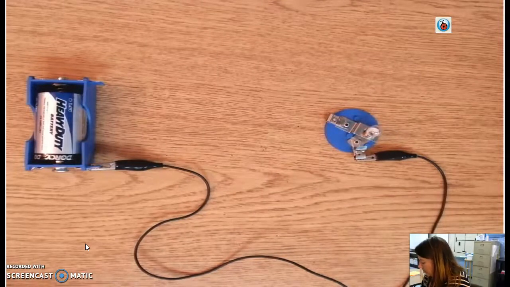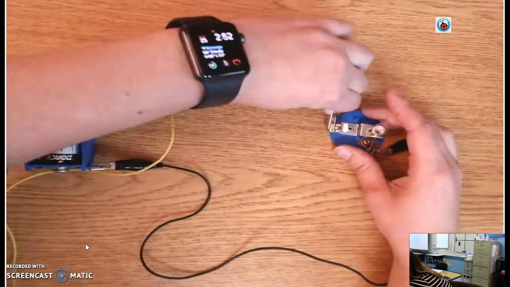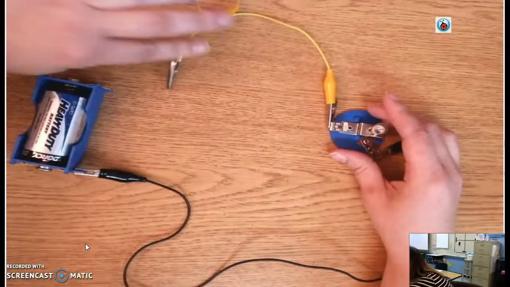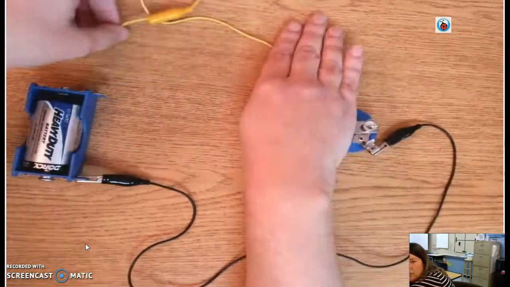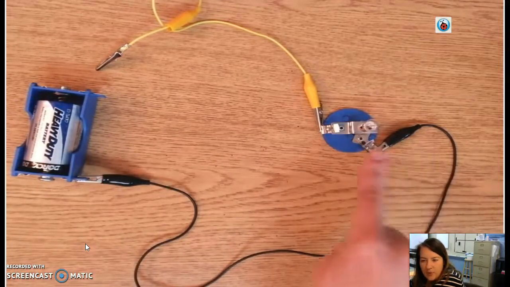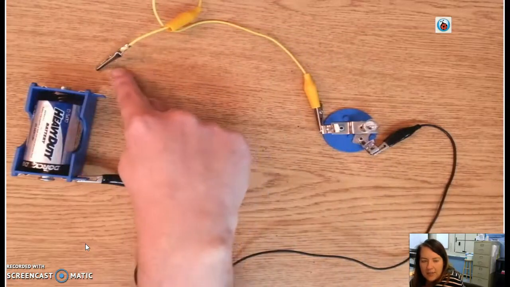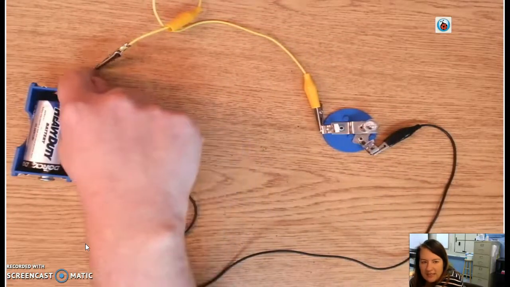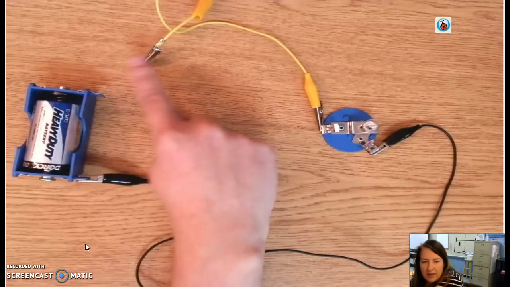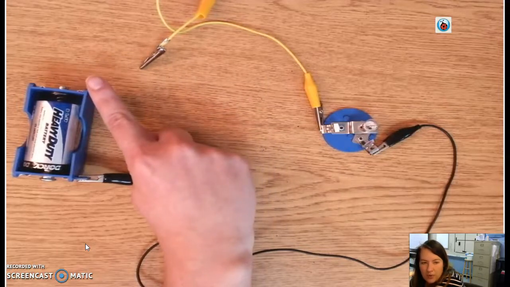So let's keep going with my circuit, see if I can get this flowing even more. So I'm going to connect here from the light bulb. Well, now, shouldn't it be working now? Because I'm going from the battery to the light bulb and keep going, but here, look, it has stopped. So this is an open circuit. What I need to do is close this circuit up by touching this wire to my battery post right here.